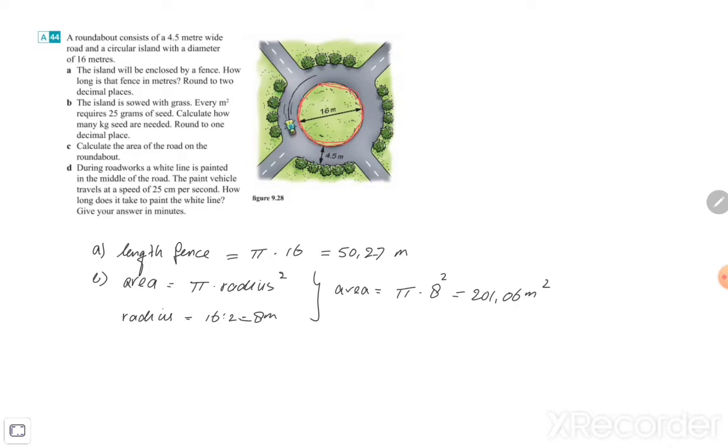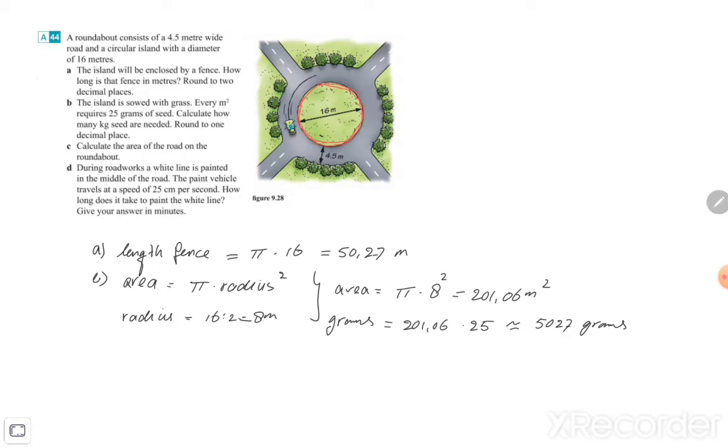And every square meter requires 25 grams. So the total amount of grams is 2827,43 multiplied by 25, which is approximately 70,686 grams. There you go.